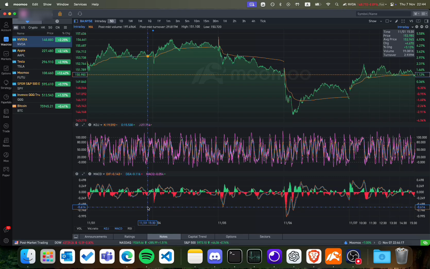You take the difference, and what I love about MACD is that it visualizes up and down. Green means positive, red and downwards means negative, and they print out these little mountains of MACD lines. So when it turns, especially when it turns positive or negative, it can have a serious correlation.